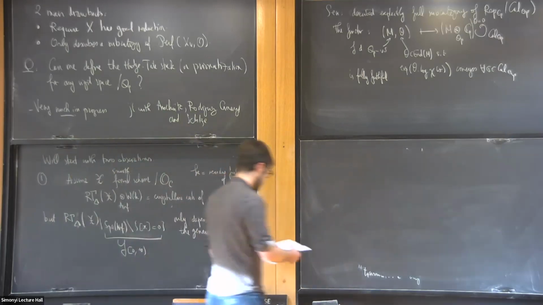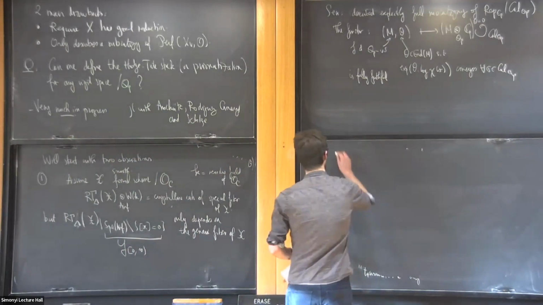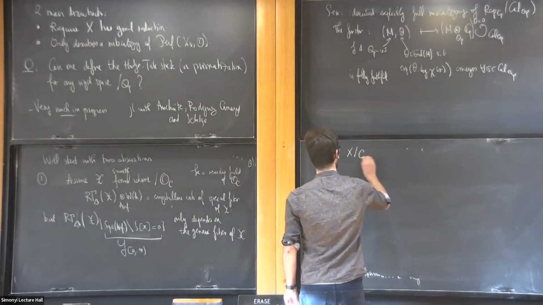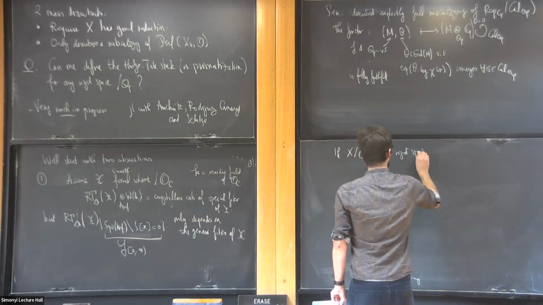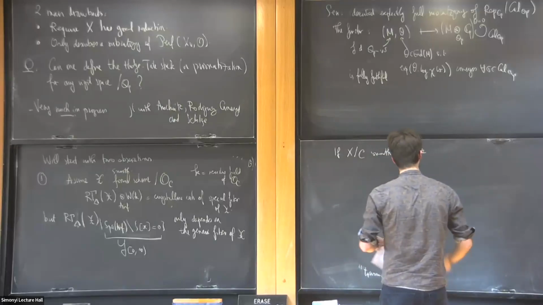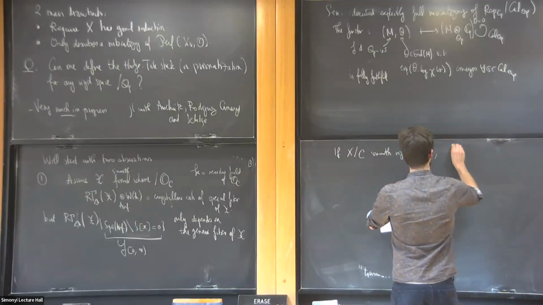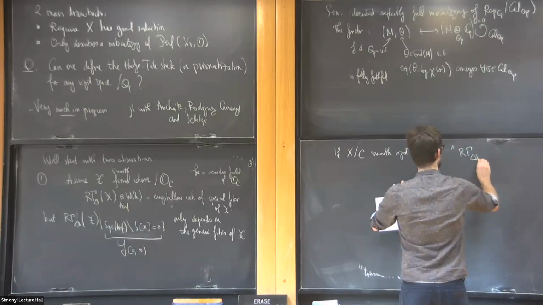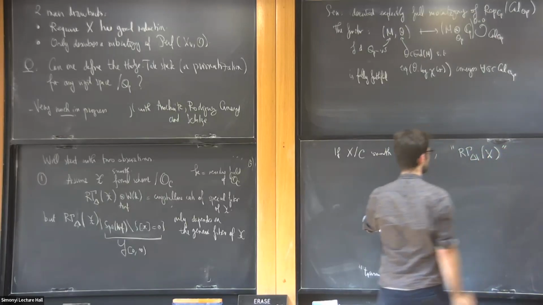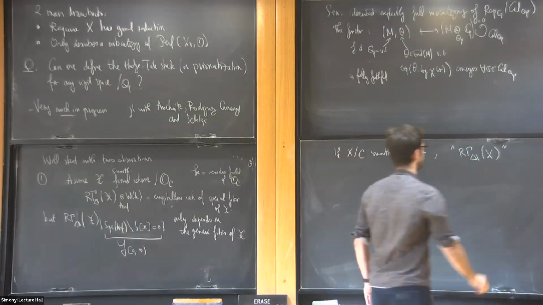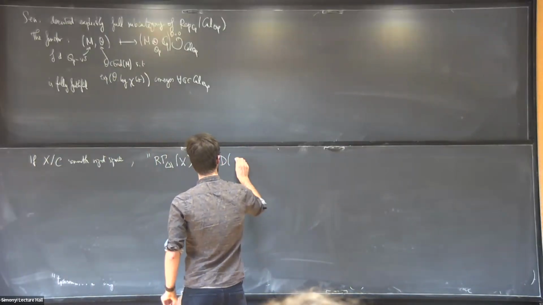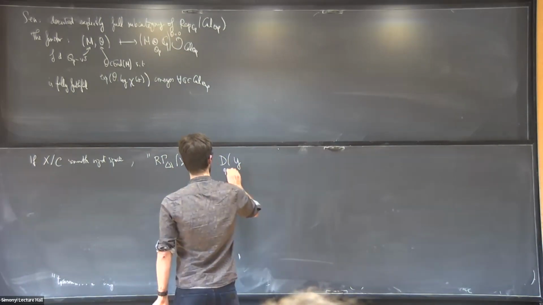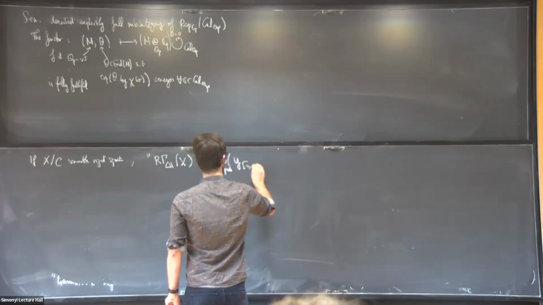So a first naive guess could be, if X is, say, a smooth rigid space, you may hope that whatever prismatic cohomology of X is, you may want this object to be a quasi-coherent sheaf on Y_0.